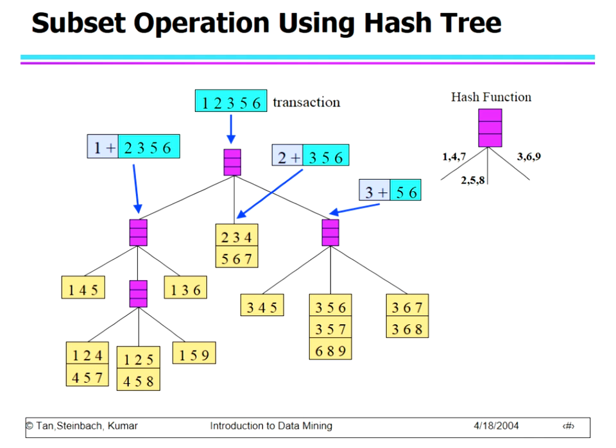So now we will use the hash tree to reduce the number of comparisons. Okay, so this is our hash tree with 1, 4, 7 on the left, 2, 5, 8 in the middle and 3, 6, 9 on the right.